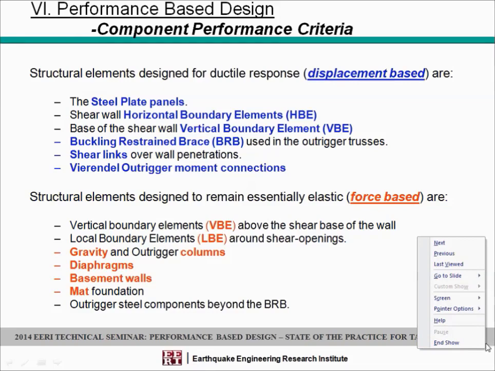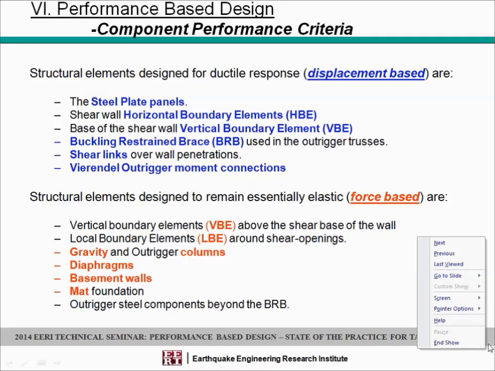The steel plate panels are definitely displacement-based elements allowed to yield. The horizontal boundary elements, the base of the shear wall, vertical boundary elements only at the base, the buckling restraint brace frames allowed to participate in the inelastic behavior, and the shear links over wall penetrations, and the Vierendeel outrigger moment connections that were part of the outrigger.